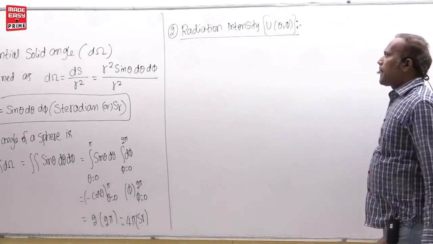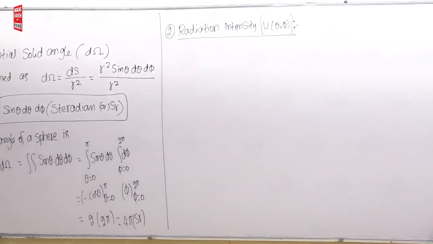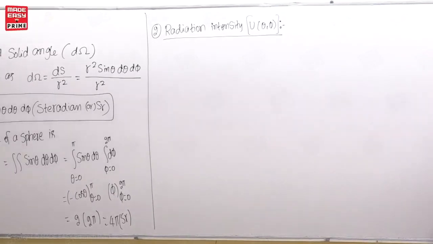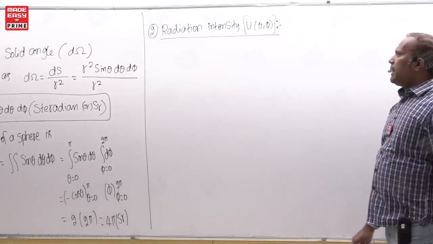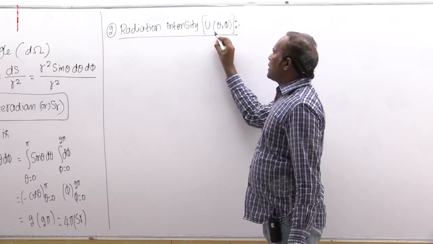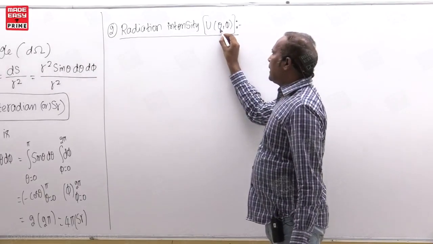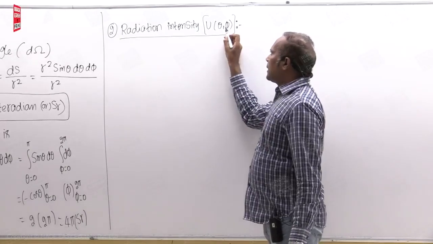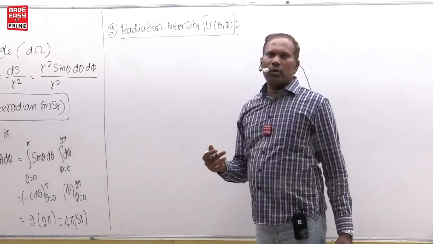First I will tell you something, then we will write the definition. Radiation intensity U of theta, phi. Here you can see by the symbol itself that it means how radiation changes with the theta angle, the vertical angle, and the horizontal angle. That symbol itself gives some information to you.